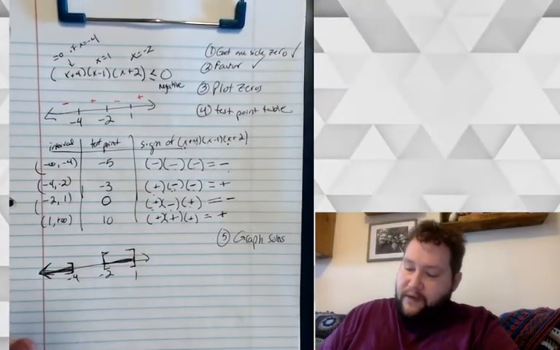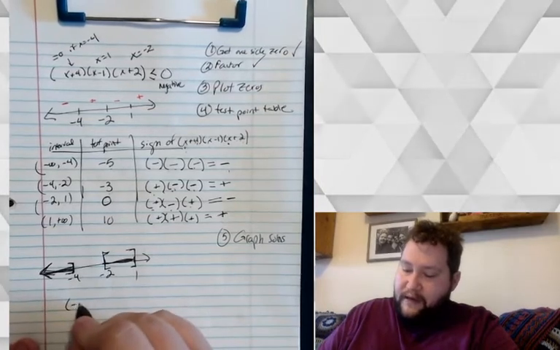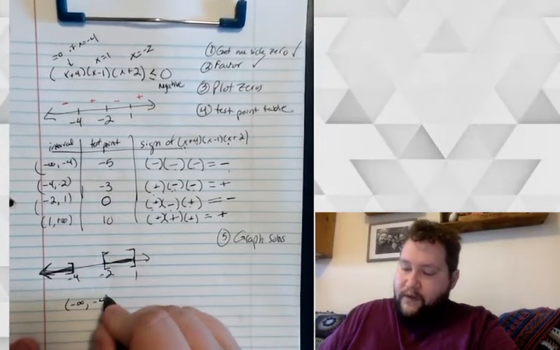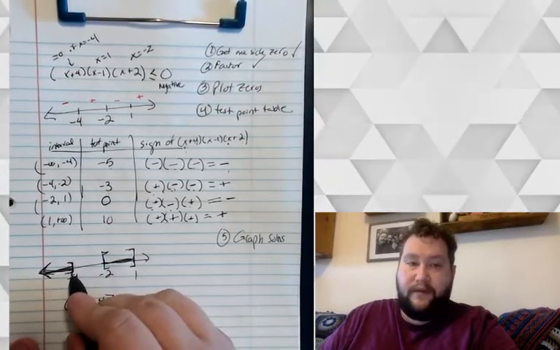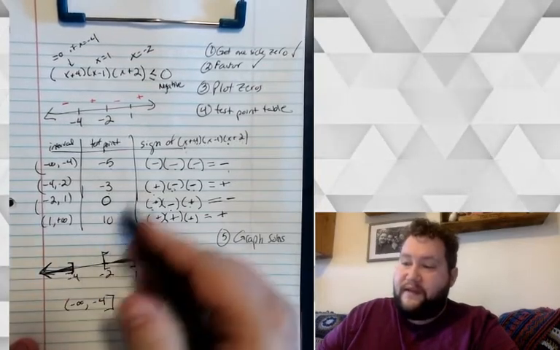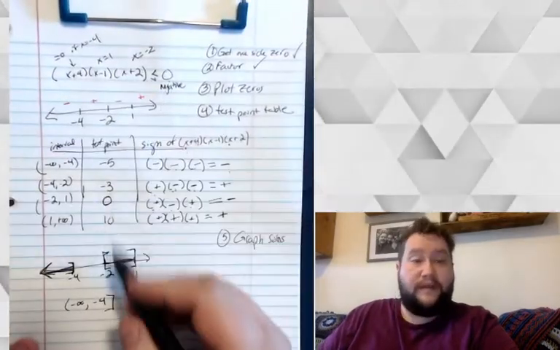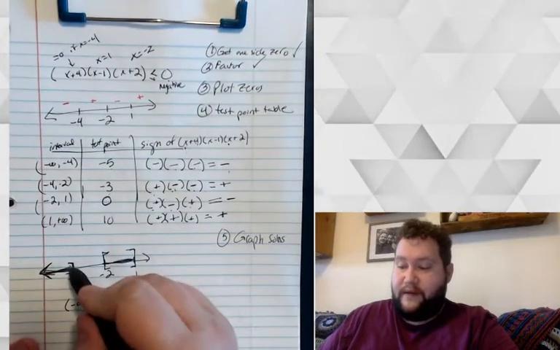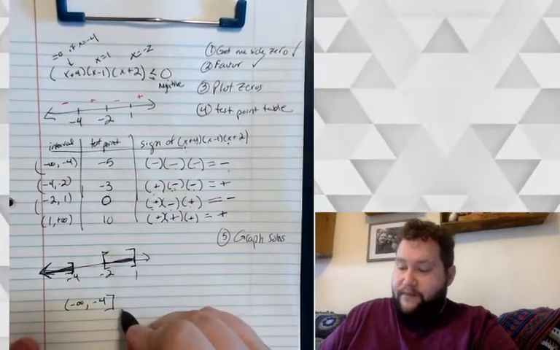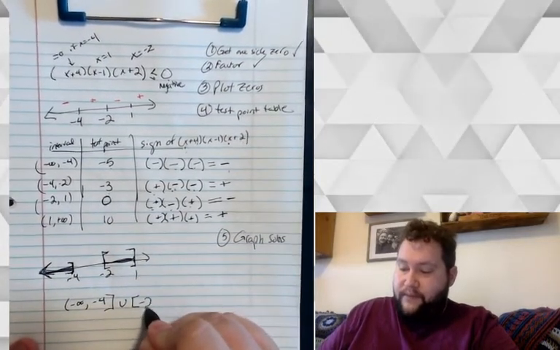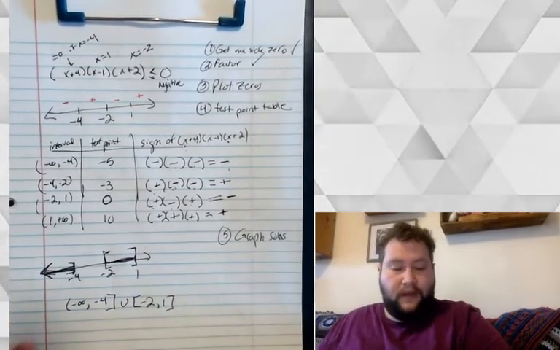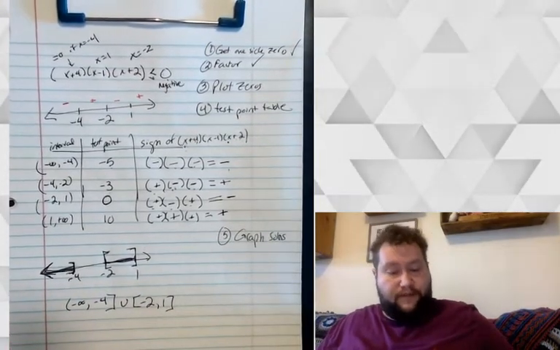And so that means our solution set is negative infinity to negative 4, square bracket, because it can be equal to 0. If this were just less than 0, we would have to use a parenthesis here. Union, negative 2, 1, square bracket. And that's our solution.